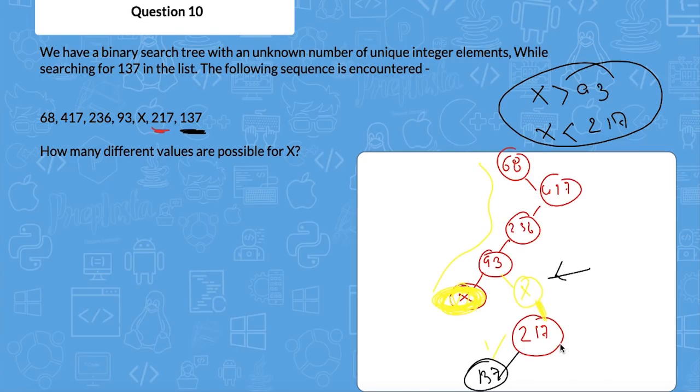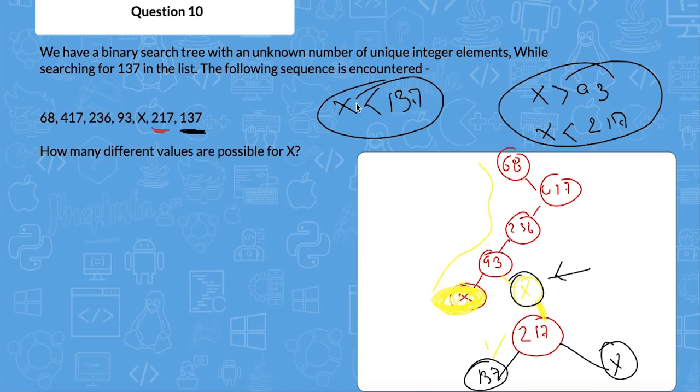But it is coming here, so we know at least one more thing, that x is also lesser than 137. So all the values that we have here, x can take any possible value from 94, because 93 is already taken and they've said unique integer elements, up to 136.